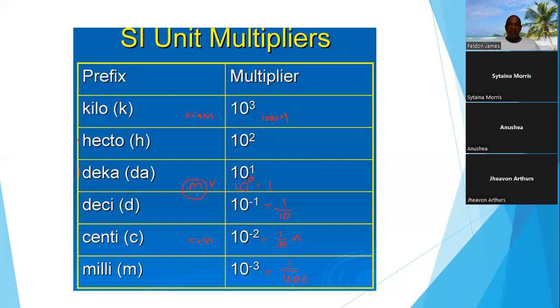Now, you may be familiar with 1 foot being 12 inches, and 3 feet being 36 inches.